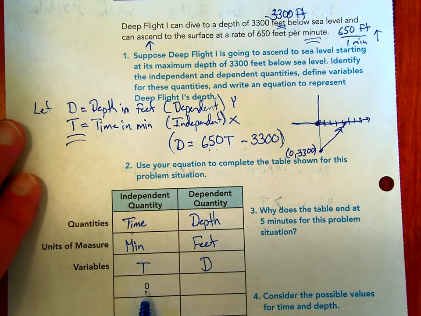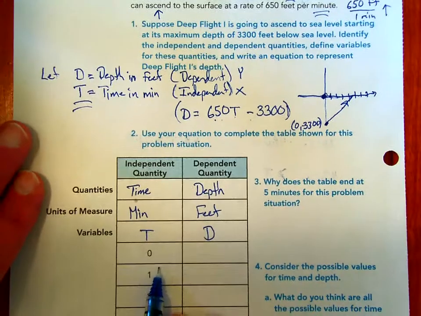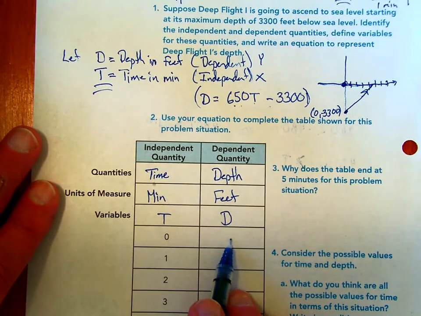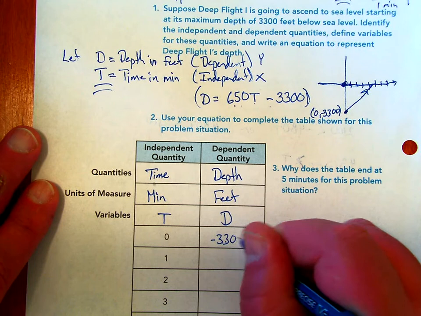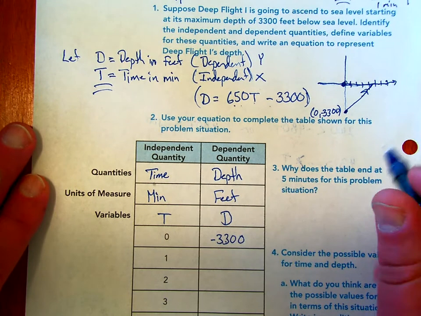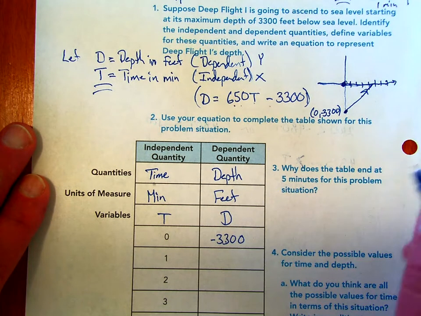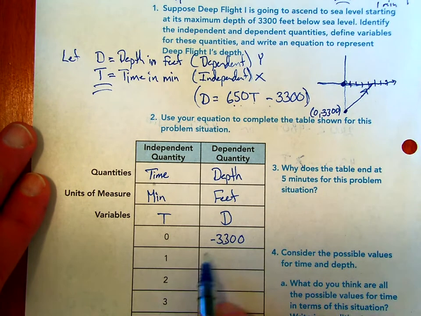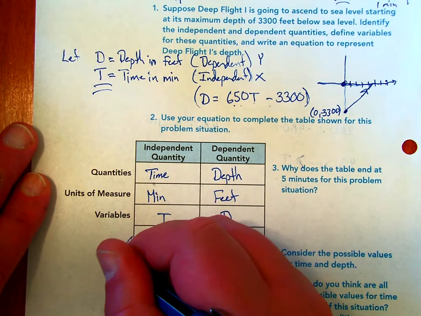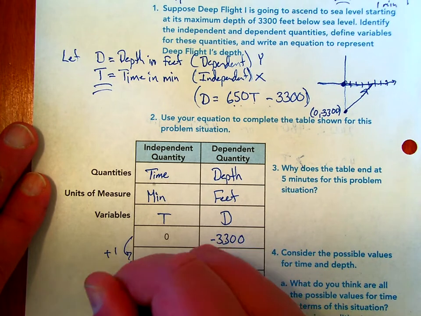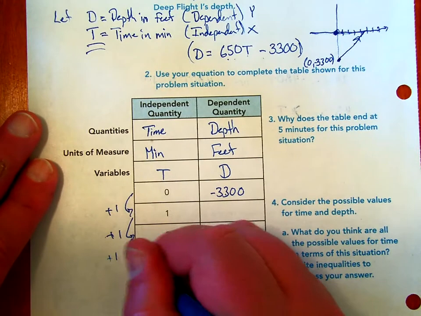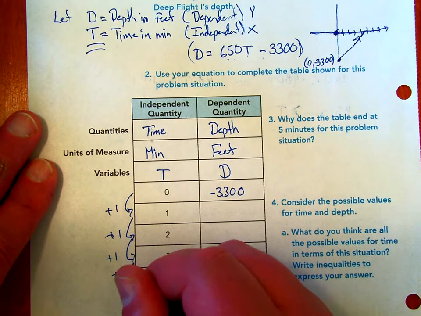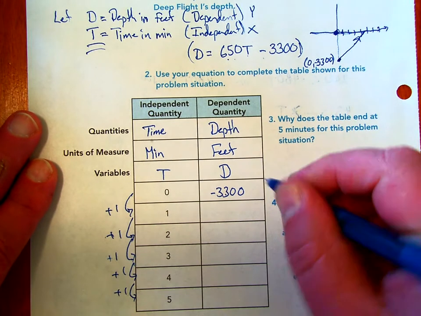When we're starting out, how deep are we? What depth are we at when we're starting this? In this case, we're 3,300 feet below sea level. And as our x value is increasing by 1, our y value, how fast are we rising?